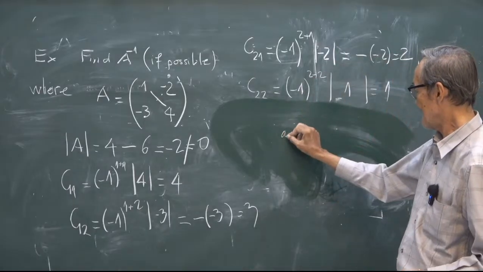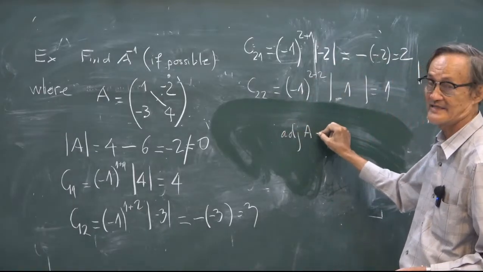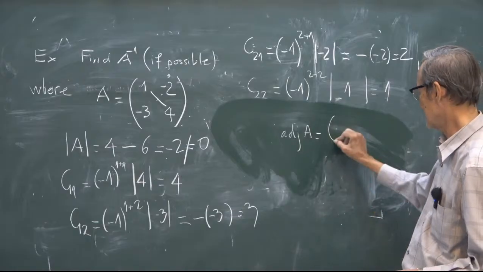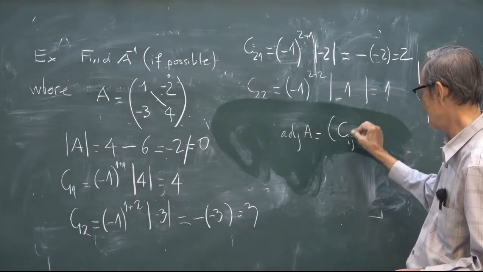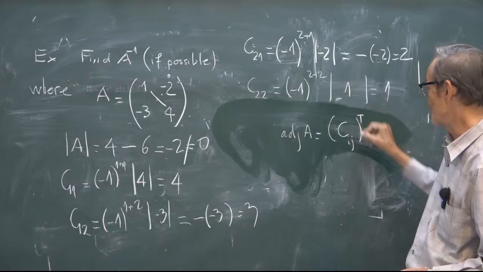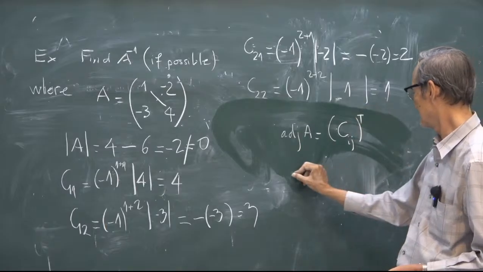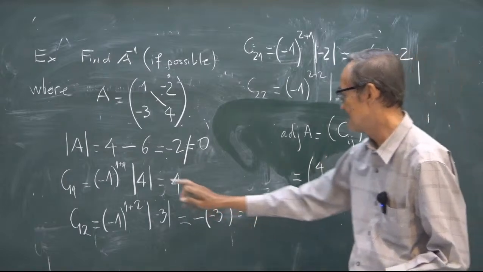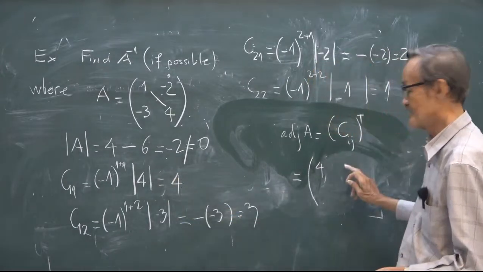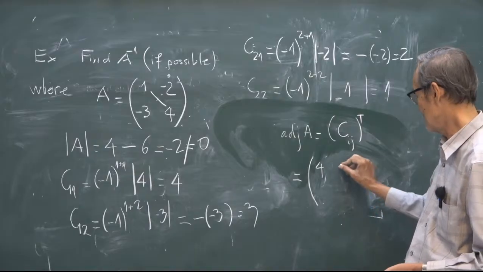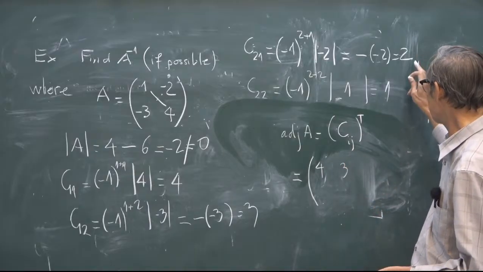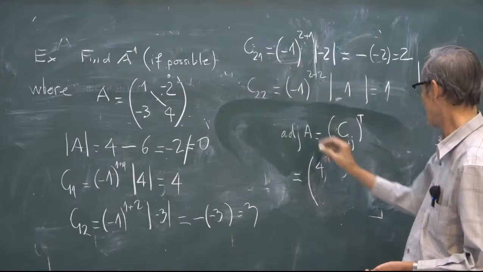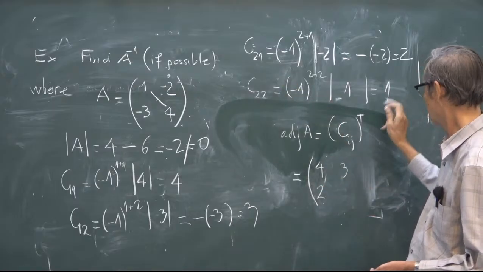And the adjoint of A is the cofactor matrix C_ij transposed. C11 is 4, C12, row 1 column 2, is 3, C21, row 2 column 1, is 2, and 1.